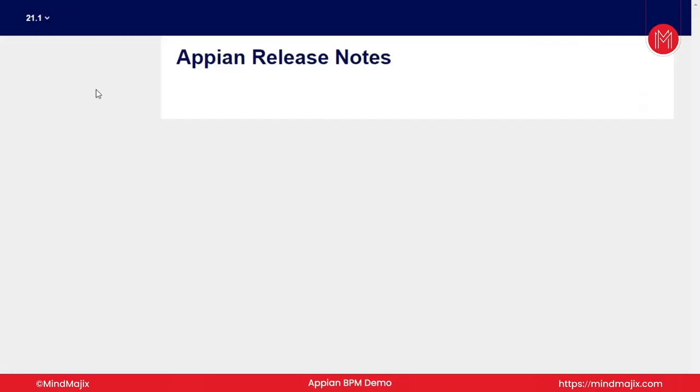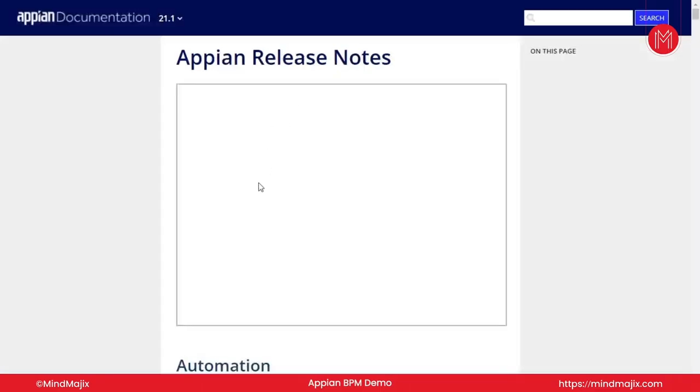If I quickly go to 21.1, the major changes are listed in the right pane. You can see what changes Appian has made in its 21.1 version.